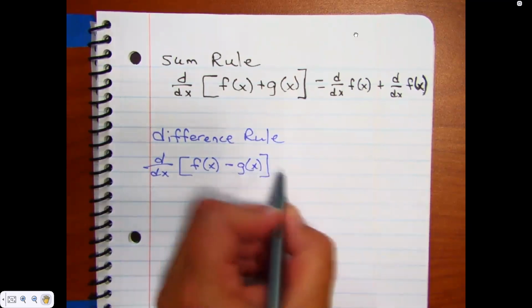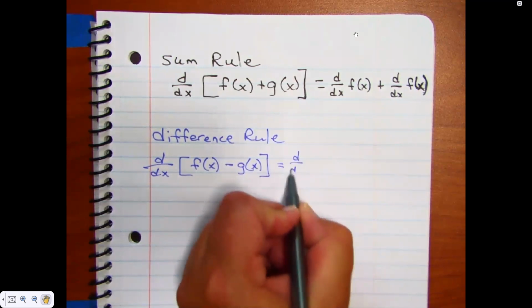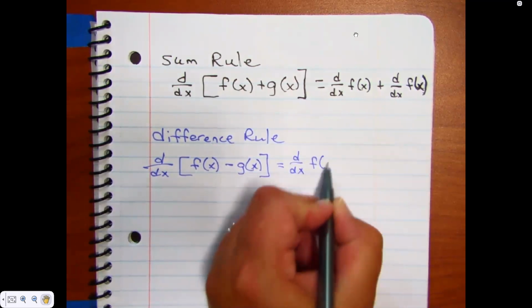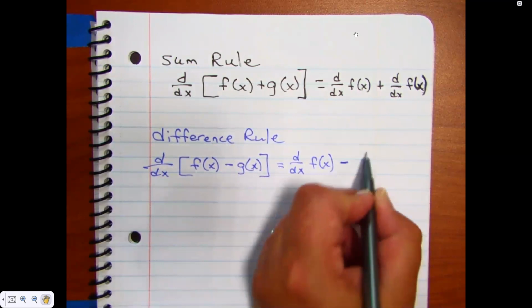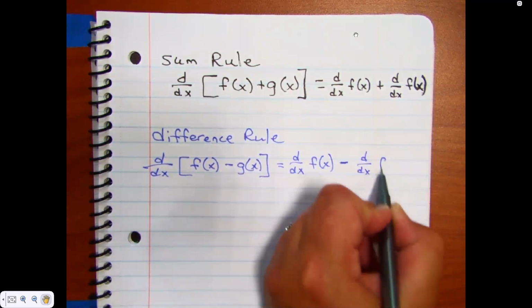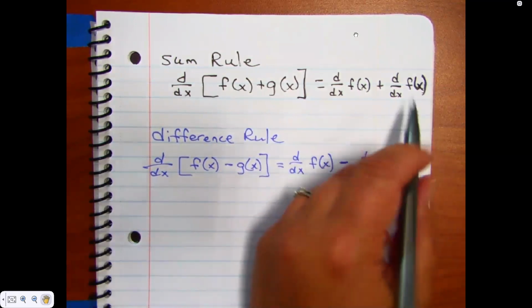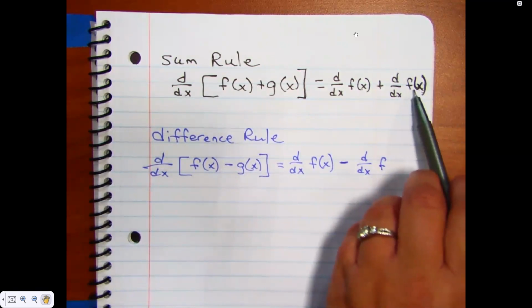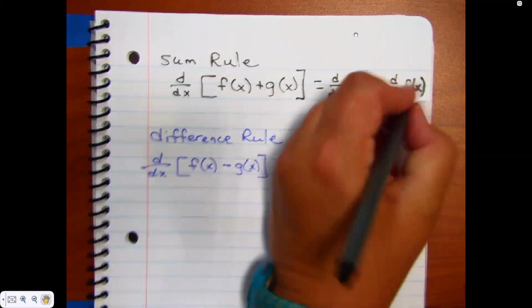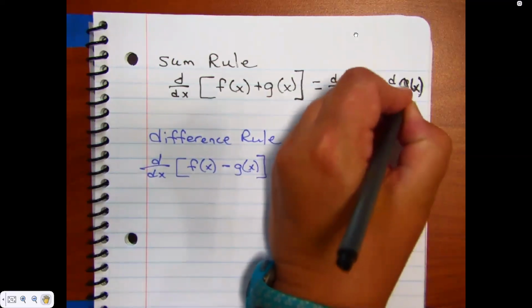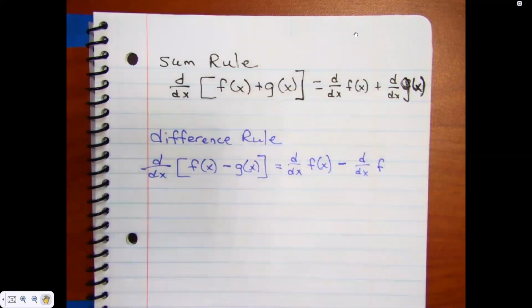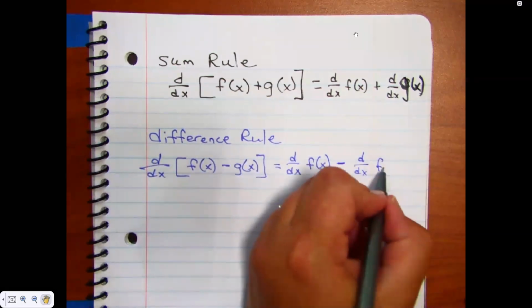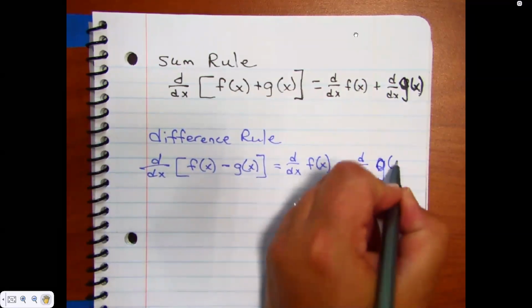And it is okay to take the derivative of each individual term minus the derivative of the next. I'm so worried about the way this looks. What is this supposed to say? G of x. Yes, go back and change that. Sorry, guys. G of x. And this one should say g of x. I'm just so used to writing that.